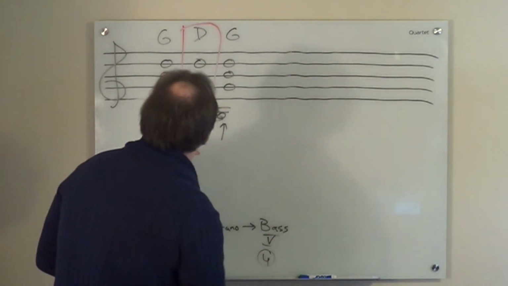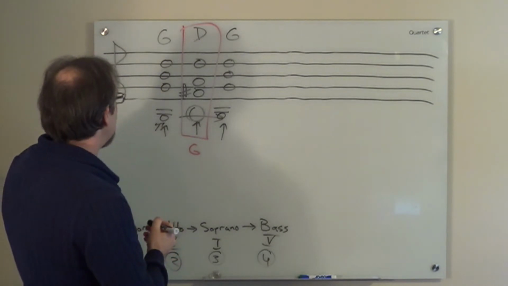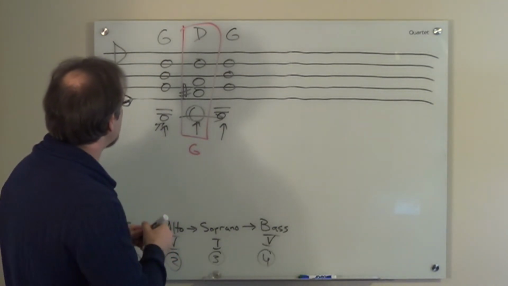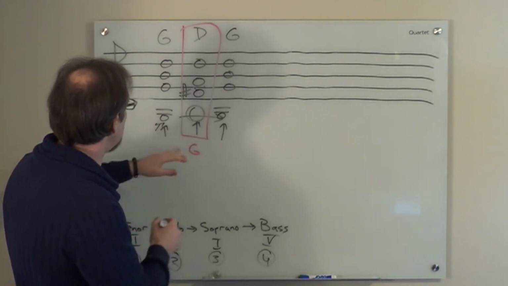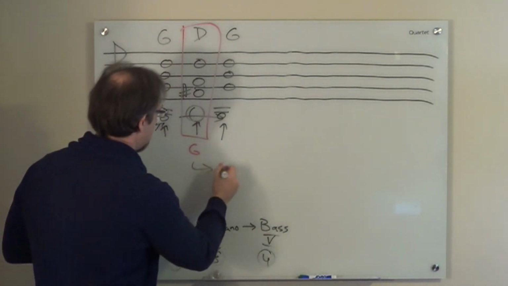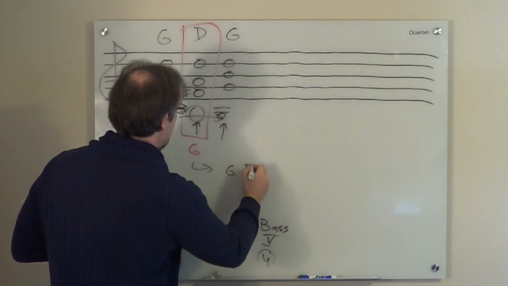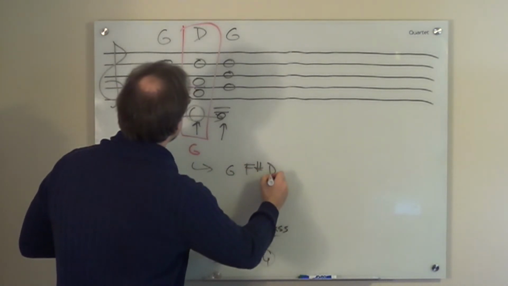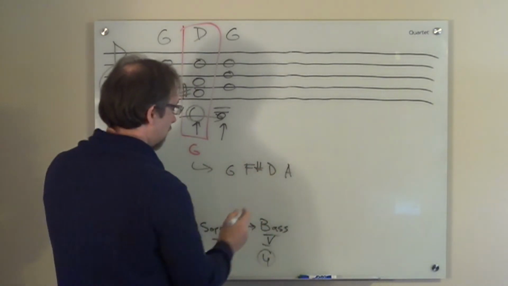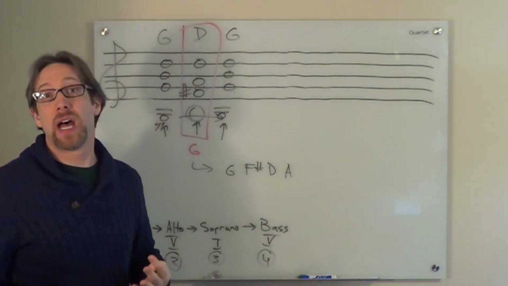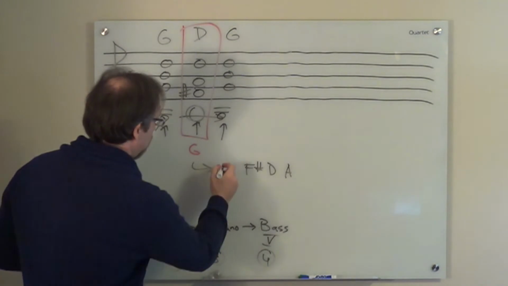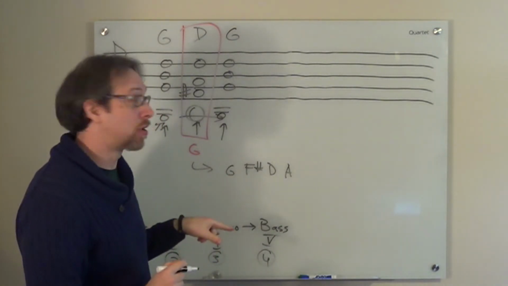Now, let me think about other ways that you could possibly get confused. Well, you look at the notes here and you say, well, there's a G, there's an F sharp, there's a D, and there's an A. And sometimes the tricky part is figuring out which one's the non-chord tone. I mean, I can tell you, well, the G is the non-chord tone, it's a D major triad.